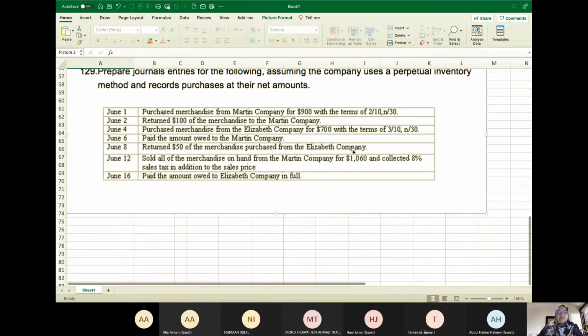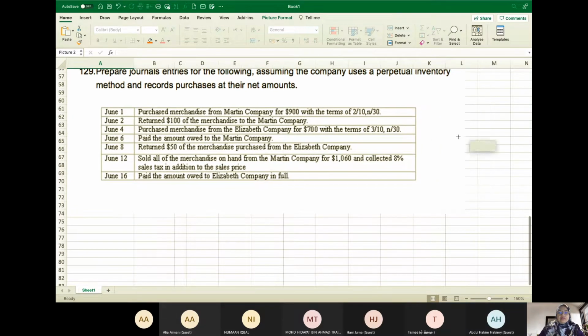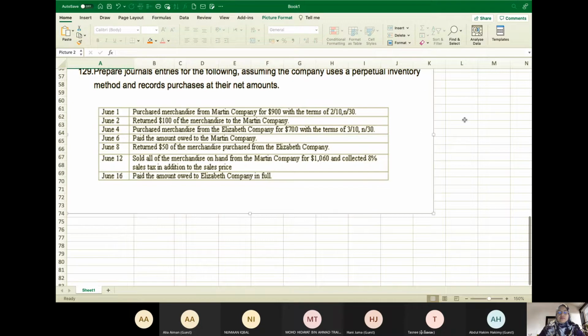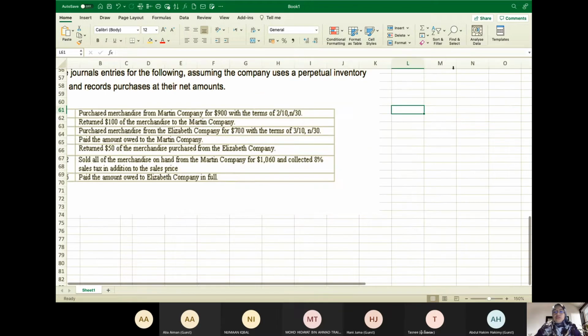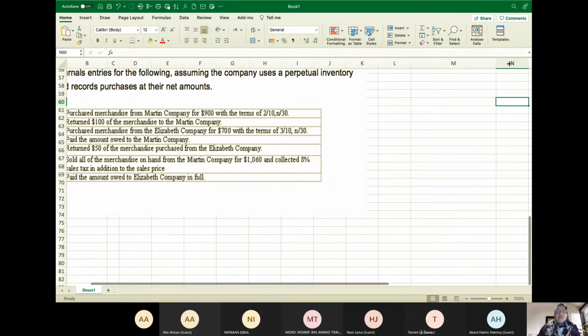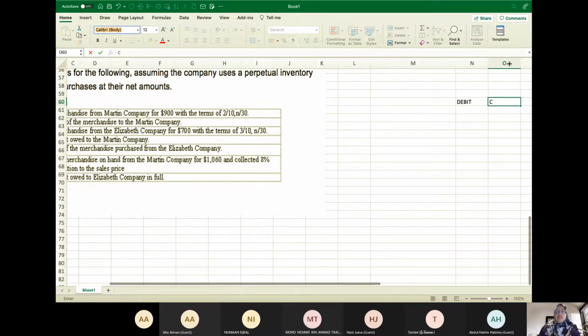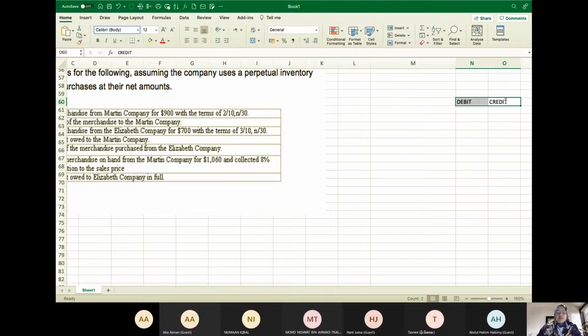Can you see this clearly? Right. So let's do it on this side. We are going to do the transaction here, and then we are going to do the accounts here and whether to debit or to credit.